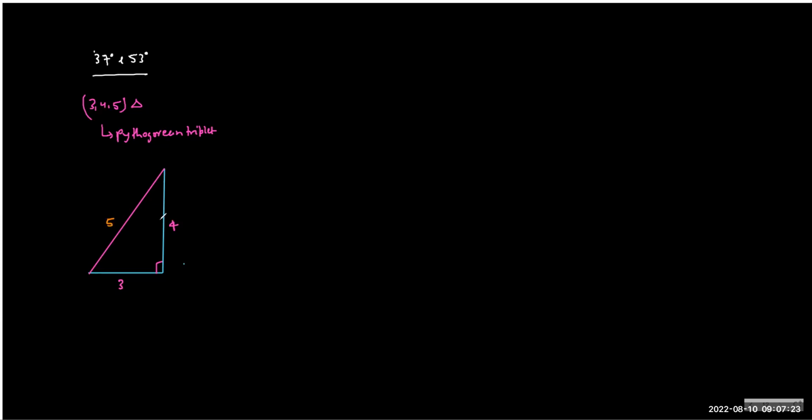Now common sense, if one of them is 37, then which one is 37? Can you guess? The top or the bottom? So 37 is less than 53. So which angle is 37? Upper one or the lower one? Lower. So this looks 37. And this looks 53.